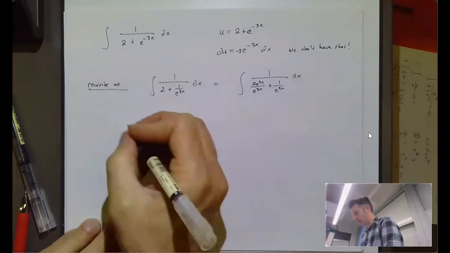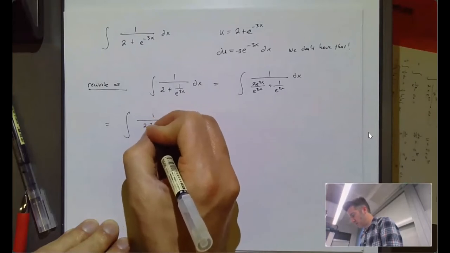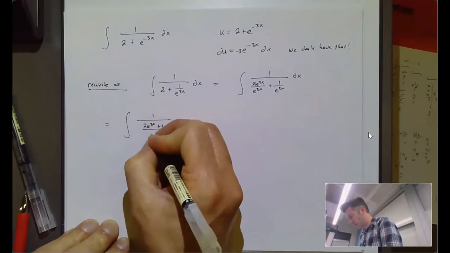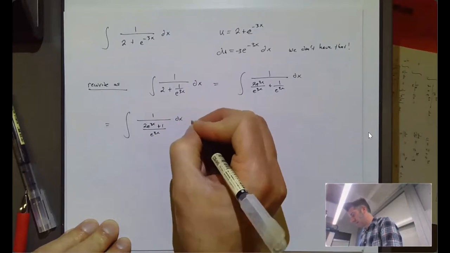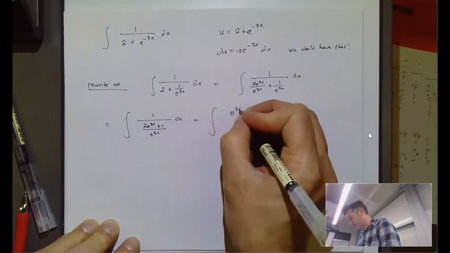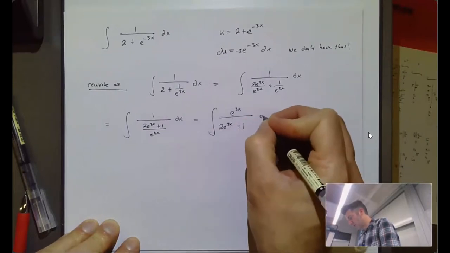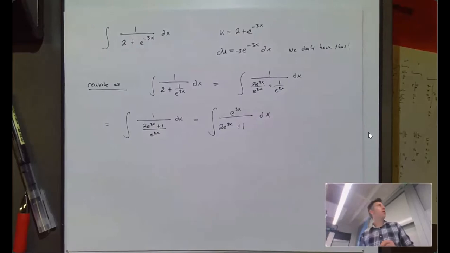And then I can write that as 1 over 2 e to the 3x plus 1 over e to the 3x. And then finally, I can flip and multiply and write this as e to the 3x over 2 e to the 3x plus 1.